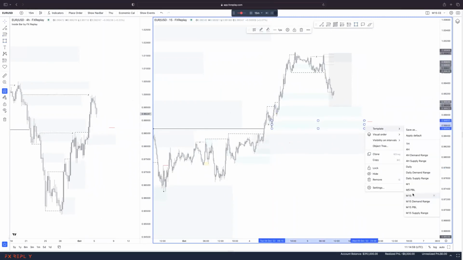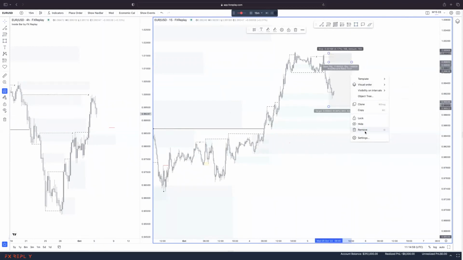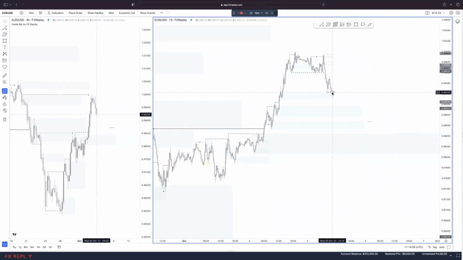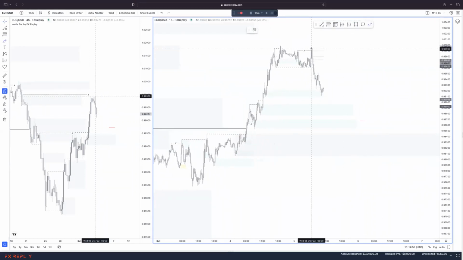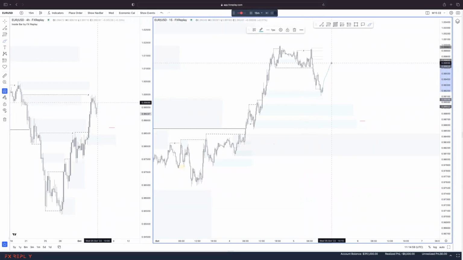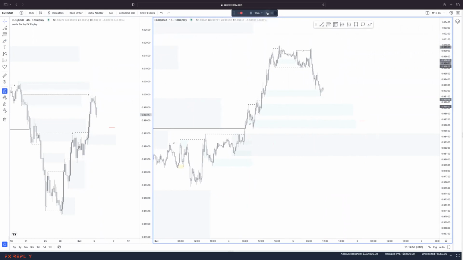Demand, sorry, I keep getting those two mixed up. So price impulse out of this range, and we haven't even mitigated the range yet. So I would say it's very likely this high is going to be swept and the price will come back up to mitigate something in here for potentially continuing lower. That is how I would personally be looking at things. And let's see what happens.